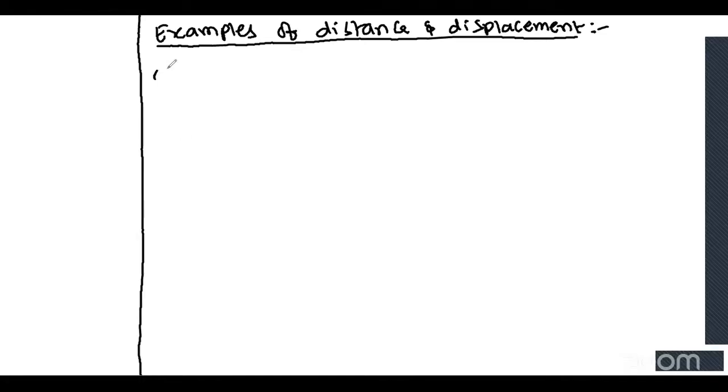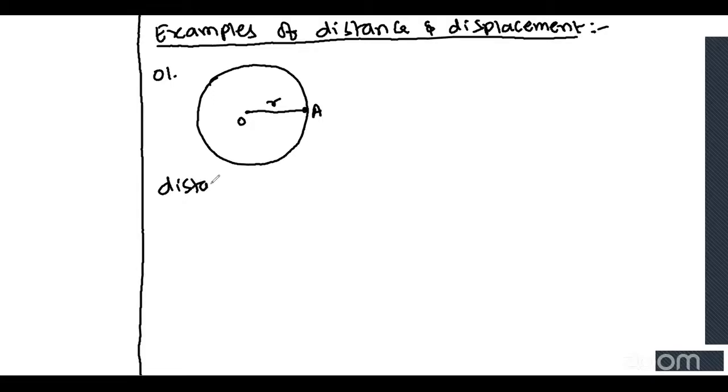First one is, if a particle is moving in a circular path of radius r, here I am having a particle A, such that OA equal to R. Now, in this case, I need to find distance and displacement.